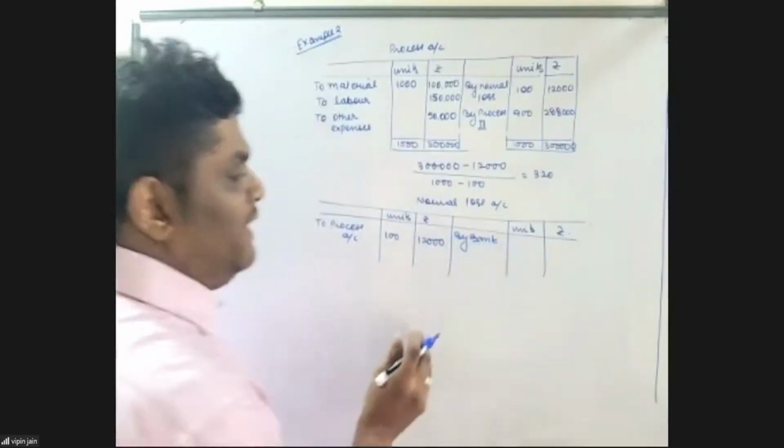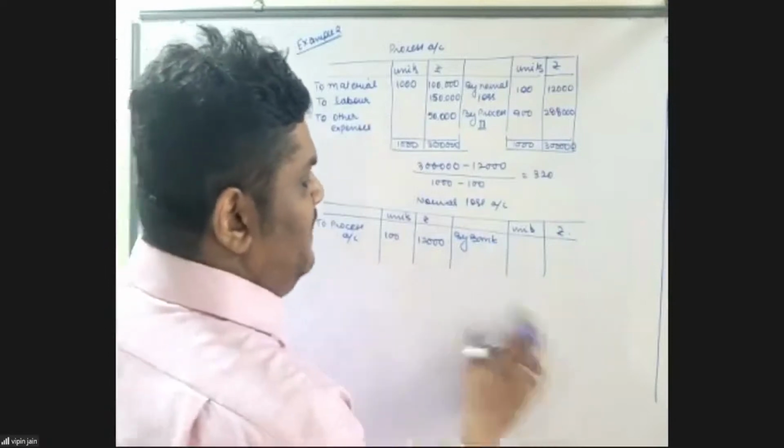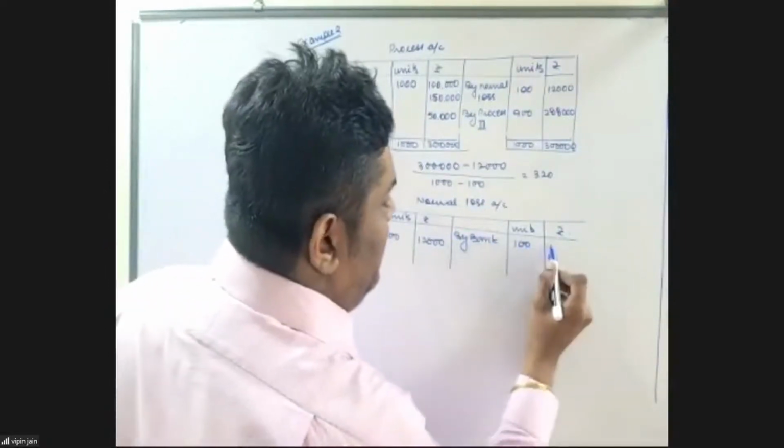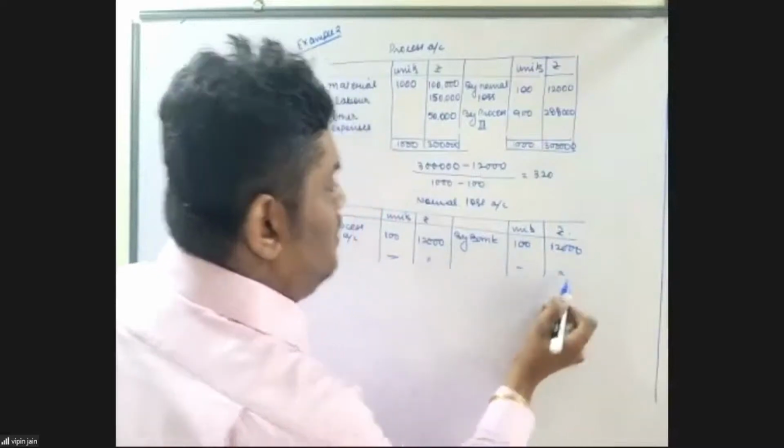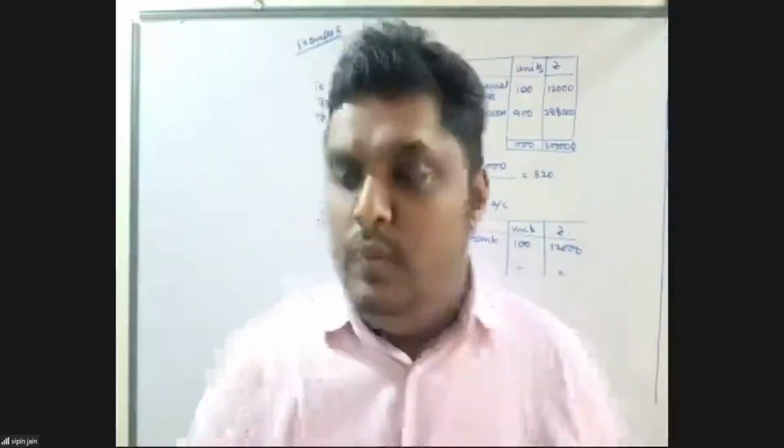Since they are sold in the market and we are realizing something in cash, so 100 and 12,000. So this is how normal loss account is to be prepared.